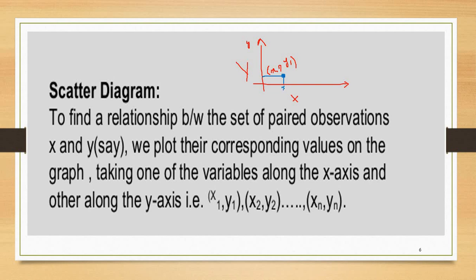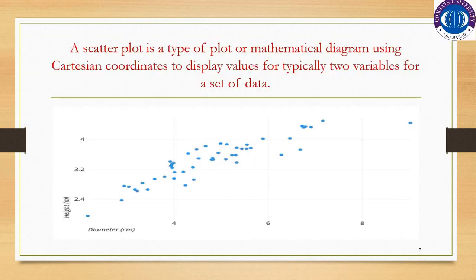Here we will have the value x1 and here y1. Similarly, we can plot or mark the other points as well. So this one is called the scatter diagram.